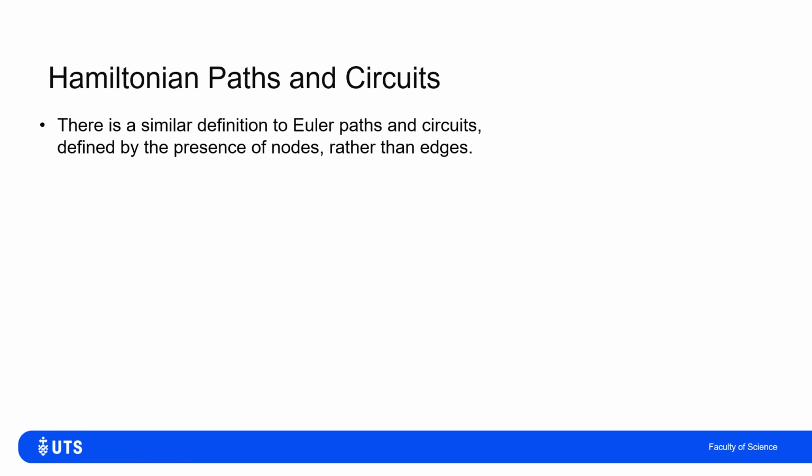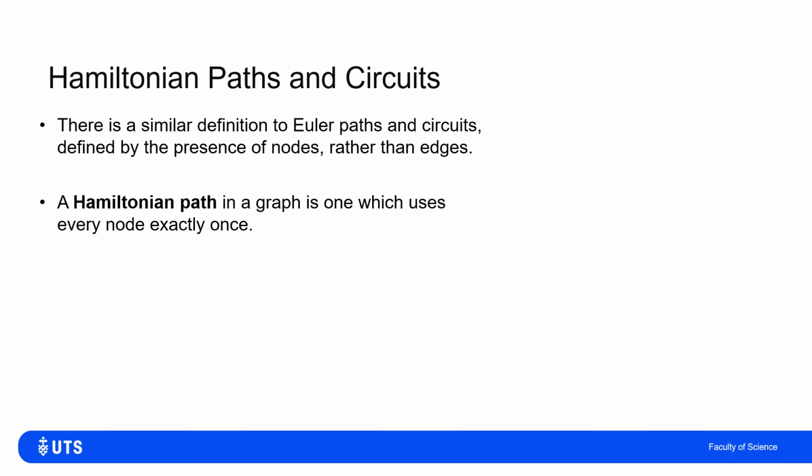Well, the Irish are not to be outdone by one overachieving Swiss man, and there is a similar definition to Euler paths and circuits. In the same way as an Euler path or circuit had to use every edge exactly once, we can also have a similar thing, but going through each node exactly once.